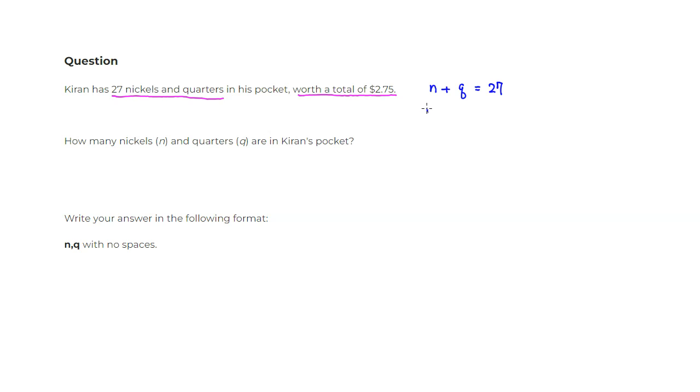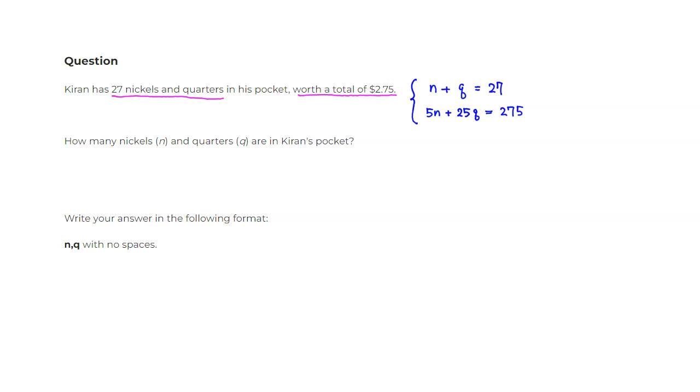So we do 5 cents times the number of nickels, and a quarter is 25 cents, and you have Q of those, and the total is going to be 275 because we are just counting cents, right? So we have this system of two linear equations in N and Q. All right, so let's solve this.